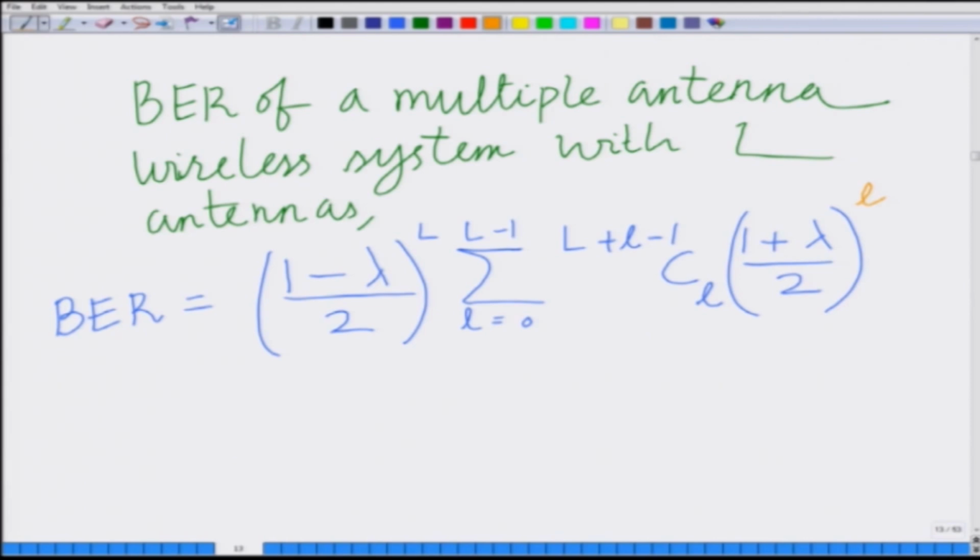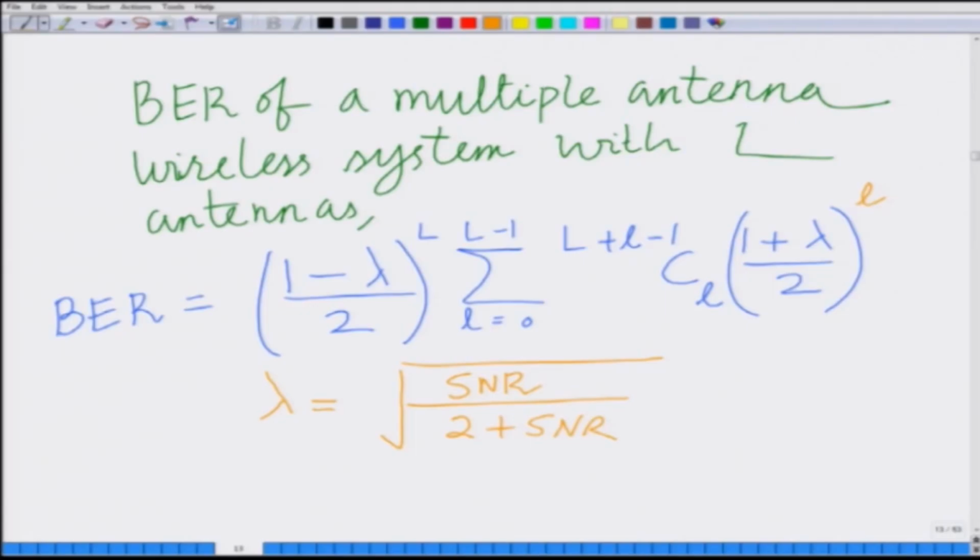This is our expression where we have said that lambda equals the square root of SNR divided by 2 plus SNR. This is our expression for the exact bit error rate of a multiple antenna wireless communication system with L antennas.